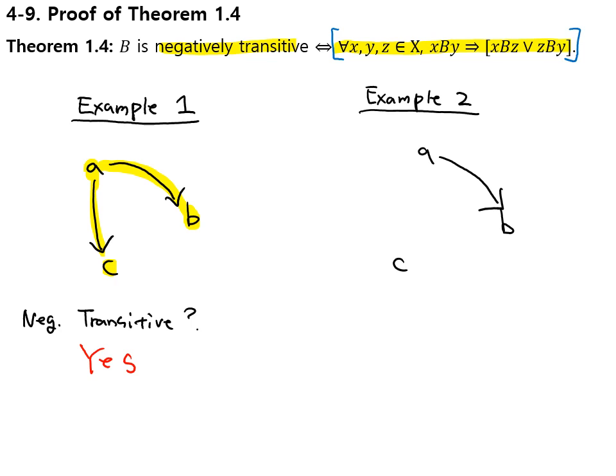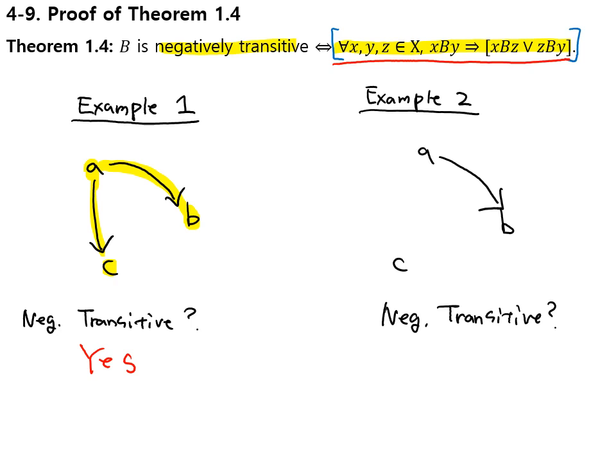Now, let's look at the second example. Is this negatively transitive? Again, we apply the theorem that we have proven here.